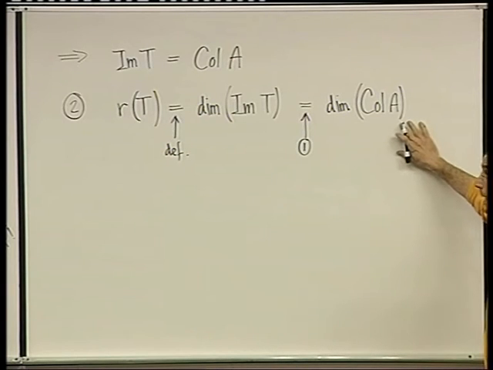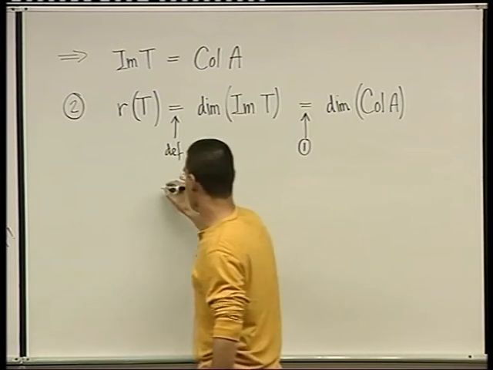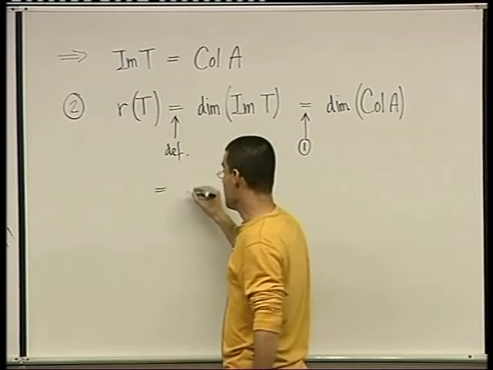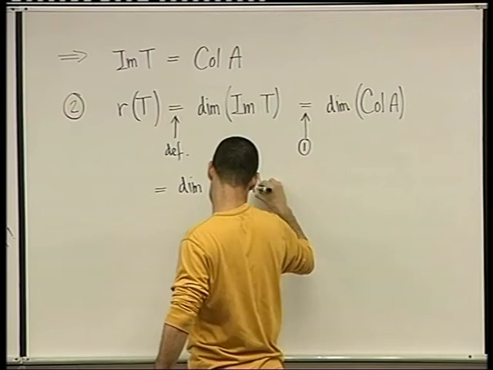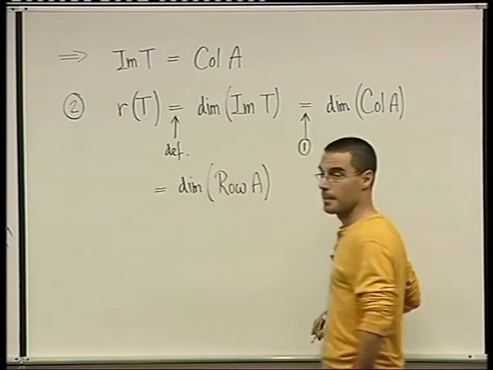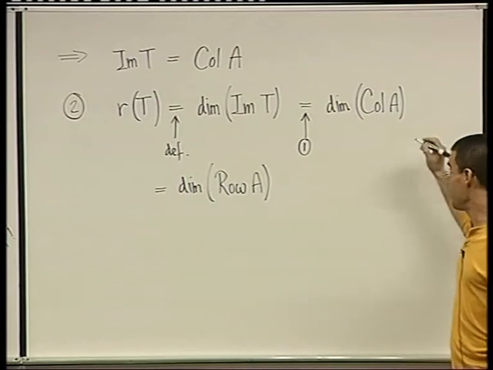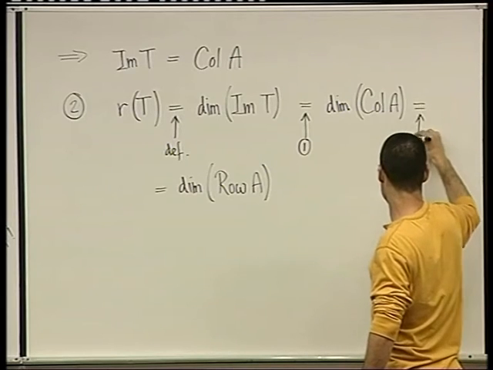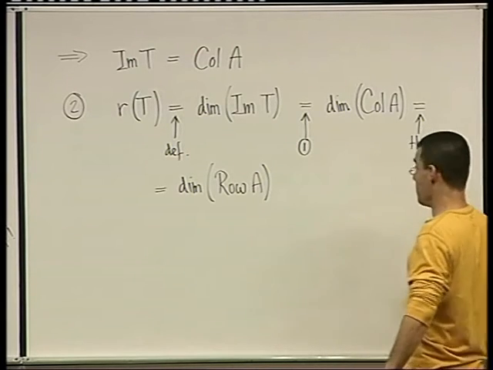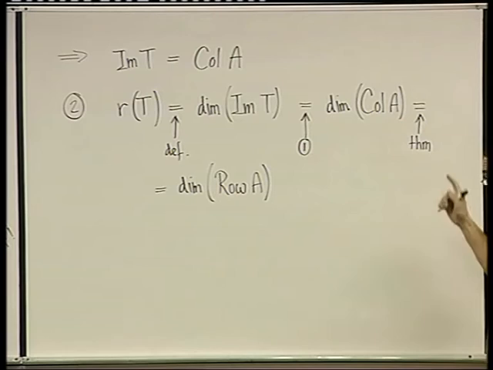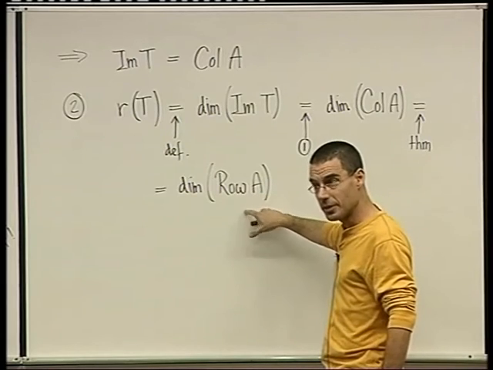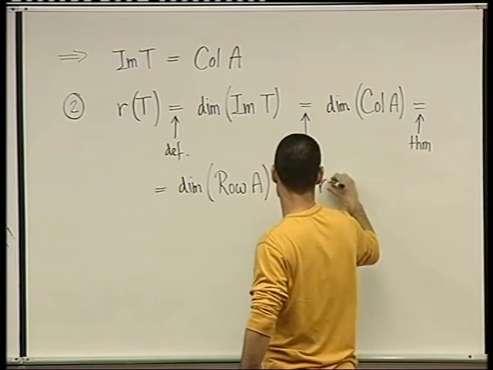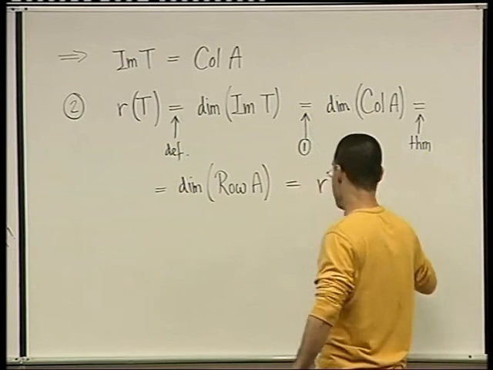Now we know that the dimension of the column space equals the dimension of the row space. This is a theorem that we mentioned earlier. And the dimension of the row space is the rank of A, the rank of a matrix.